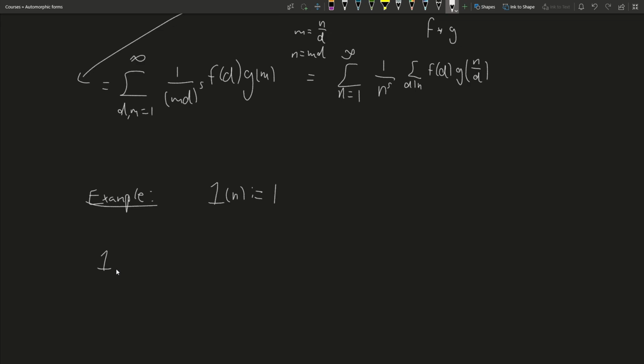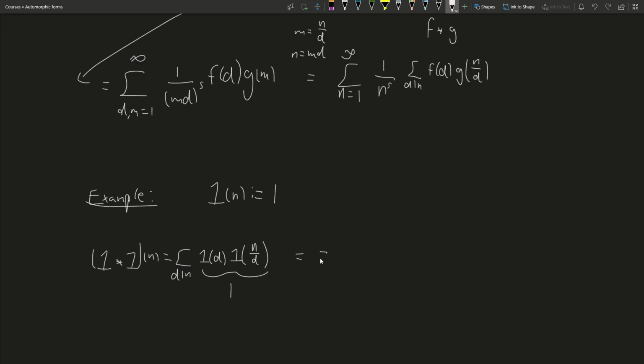Then the Dirichlet convolution 1 star 1, evaluated at n, is equal to the sum over d divides n of 1 of d times 1 of n over d, and each of these terms is 1 because this function is always 1.